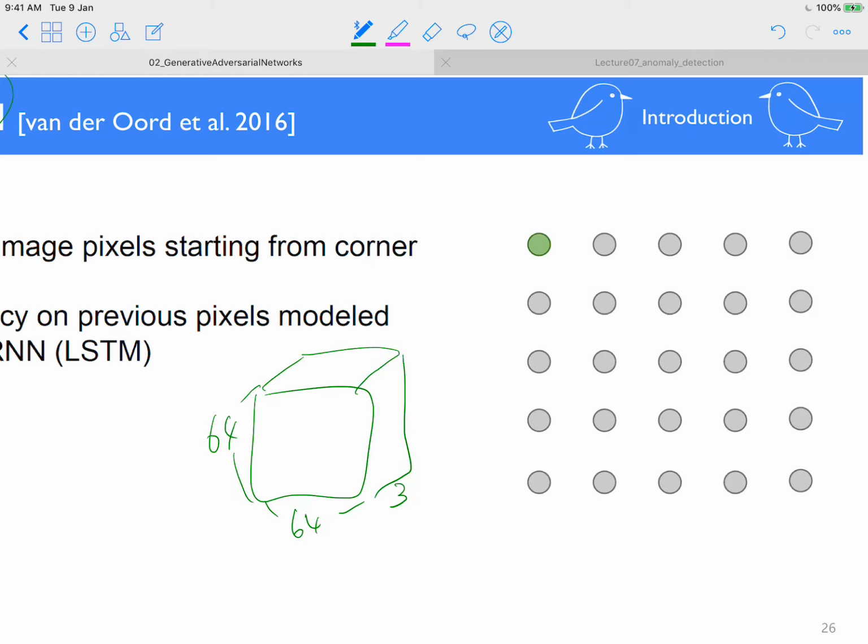Suppose we generate first the pixel at the top left position. Once this pixel value is generated and fixed as a particular value, it will determine the probability of generating those two other pixels nearby, in its neighborhood.